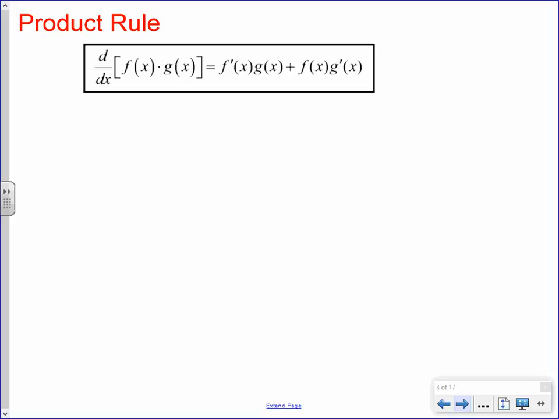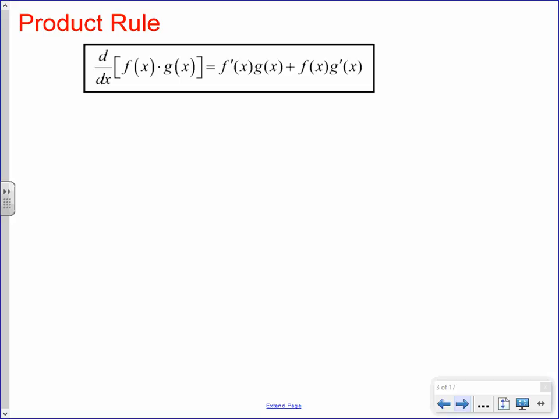Okay. So how I like to remember this rule is: derivative of the first times the second plus the first times the derivative of the second. So you have 2 things you're adding together. You're taking the derivative of one and leaving the other one alone, plus leave one alone, take the derivative of the other.